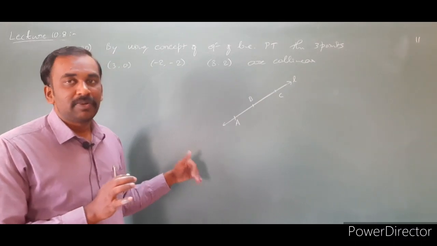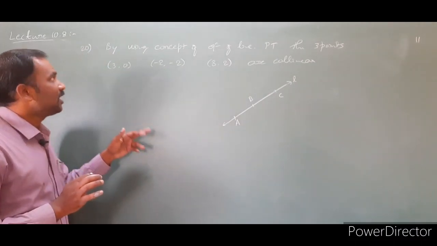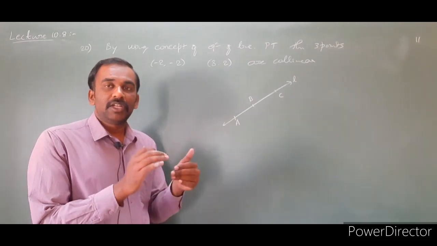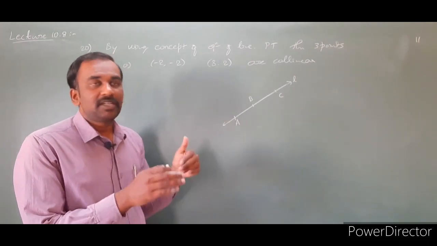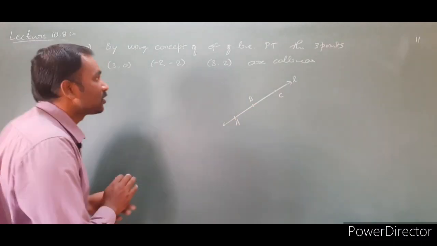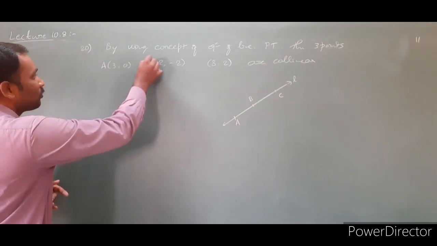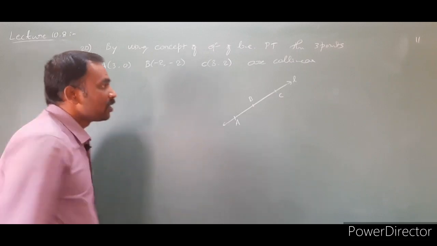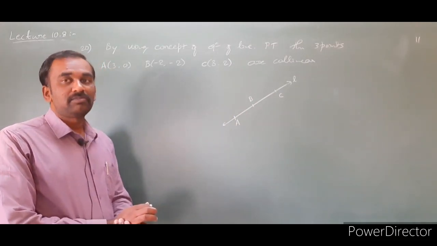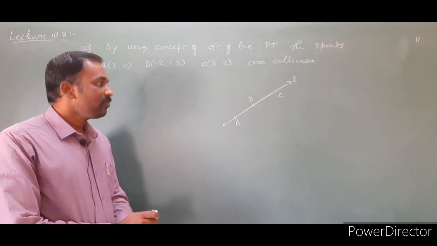So in this particular problem they are telling that by using the concept of equation of the line, we need to use the equation of the line concept. Then we need to conclude that these 3 points are collinear. So I just name the given 3 points A, B, C. How do you say that the given 3 points are collinear, by the help of the equation of the line?